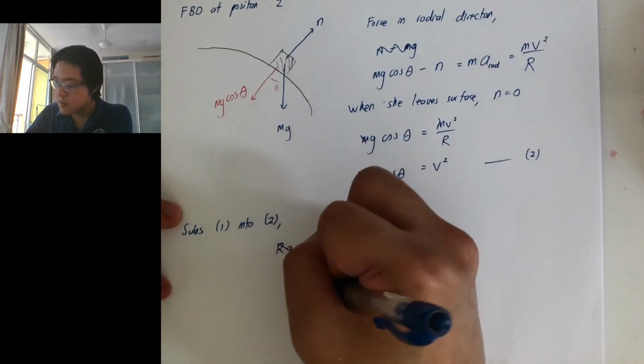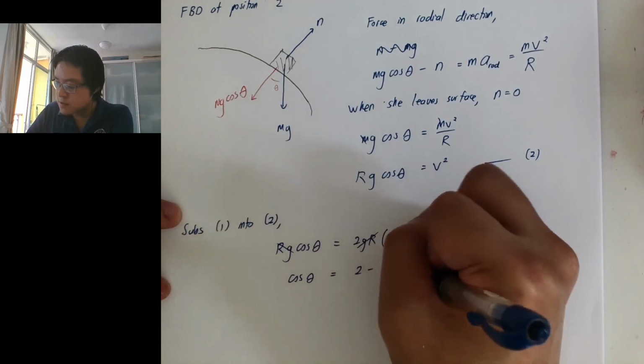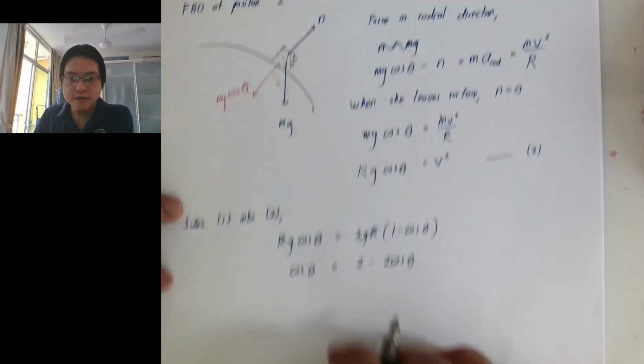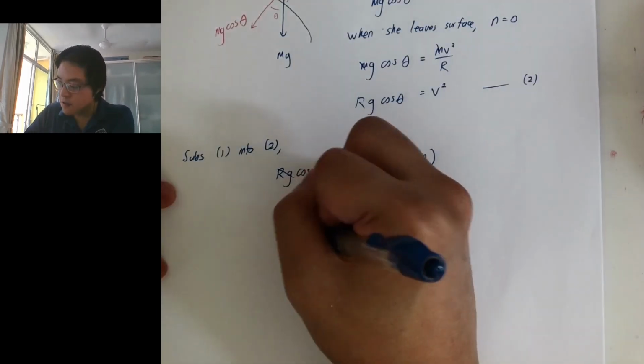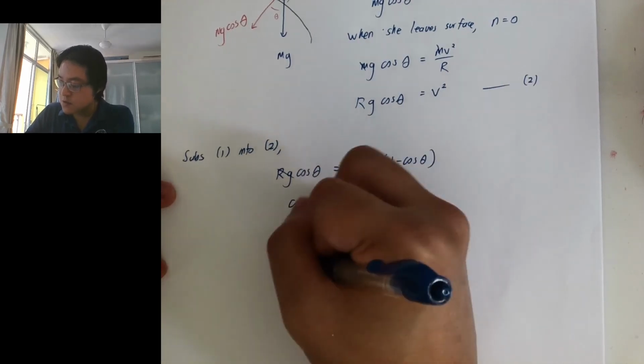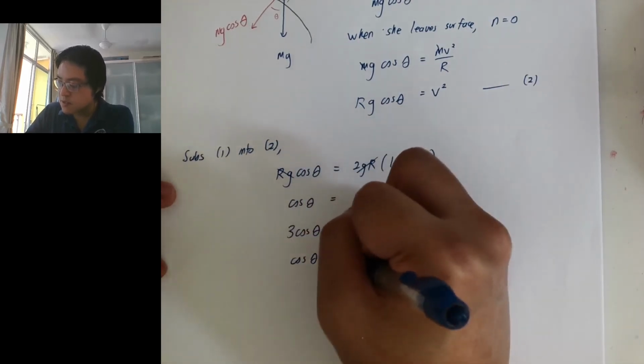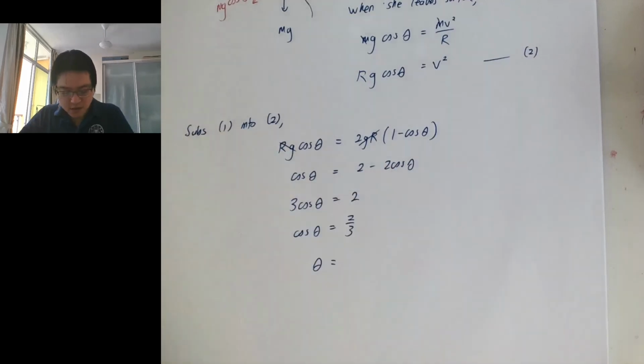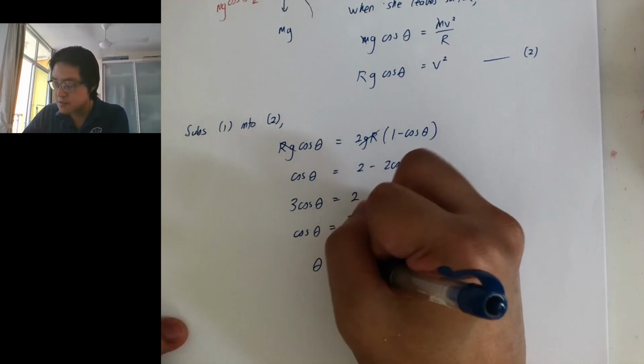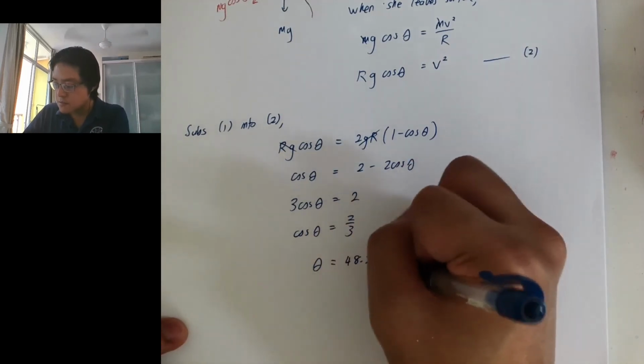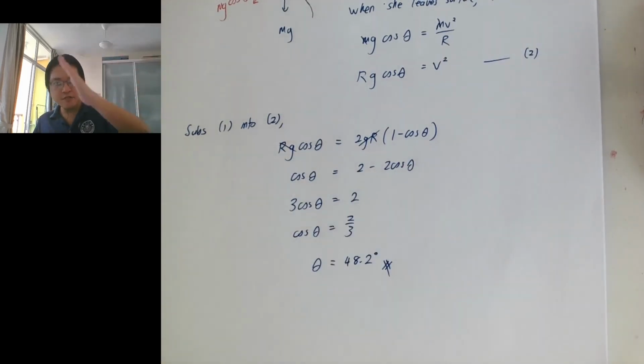So I got cos theta equals 2 minus 2 cos theta. So I bring this term over to the other side. I got 3 cos theta equals 2, so cos theta is 2/3. So you take the inverse cosine, you get 48.2 degrees. Okay, so at 48.2 degrees, she will leave the surface.